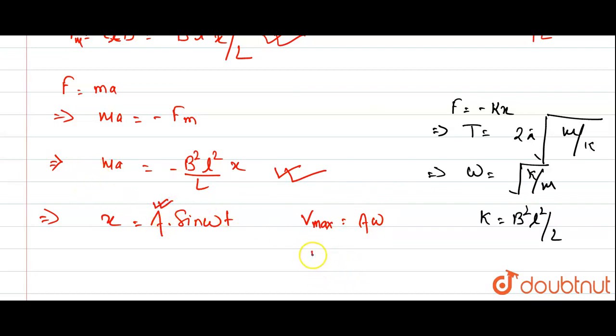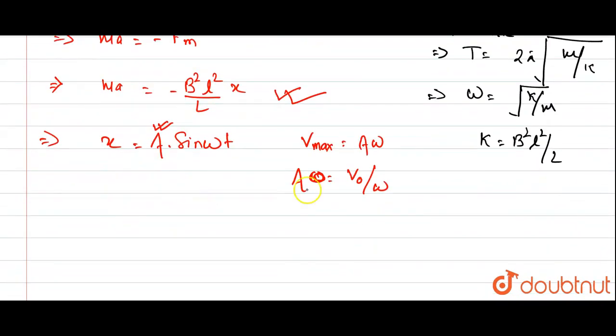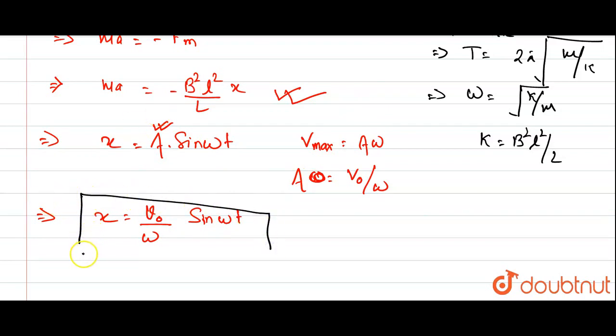So V max is the initial velocity v naught, so a will be v naught by omega. So the equation of motion is x is equal to v naught by omega sin omega t. So this is the equation of motion here at any time t.